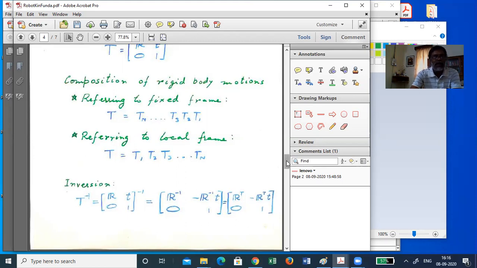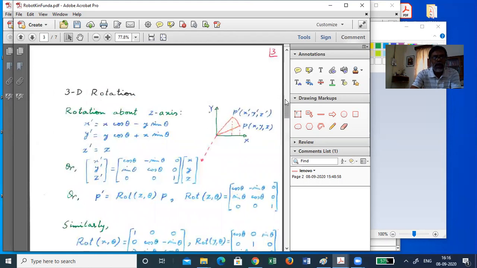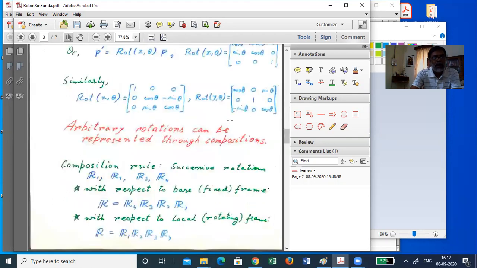All these things are fine, except that we need to do one more little thing. That is, when studying the 3D rotation, we made one point, that arbitrary rotations can be represented through compositions of these three or through some other means.